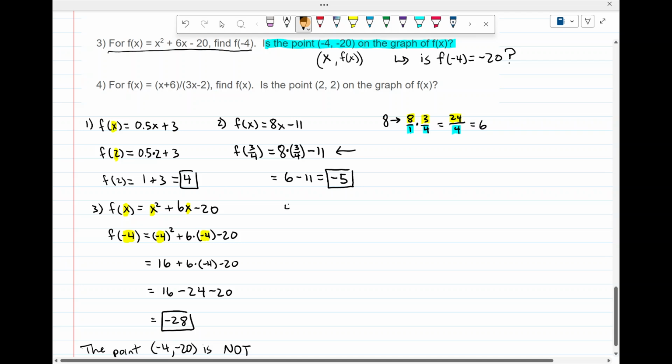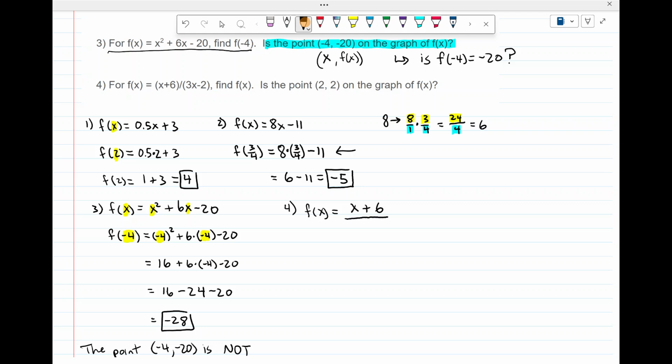All right, let's do the same thing here. And here we have f of x is equal to x plus 6 divided by 3x minus 2. And I think I have a small typo here. This should be, let's find f of 2.